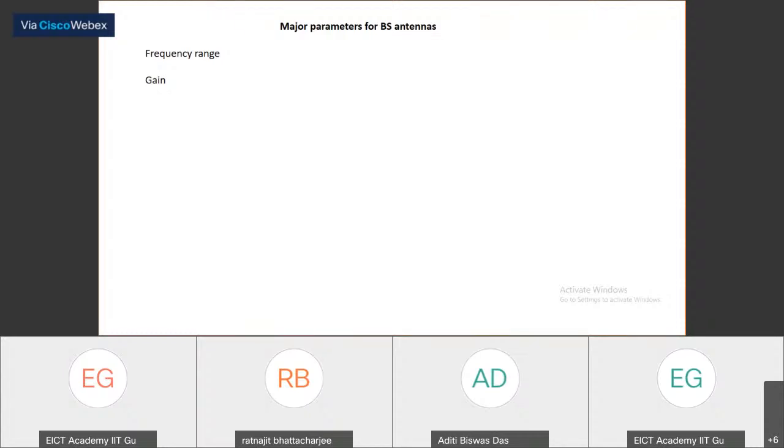If you are designing a very highly efficient antenna, this efficiency will be say about 0.95, 0.99, 0.98, like that.